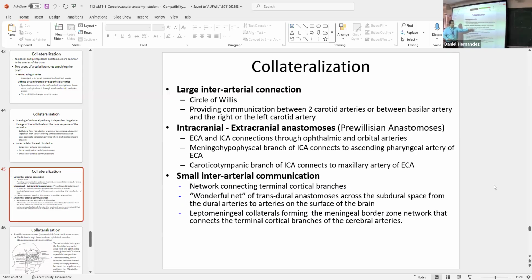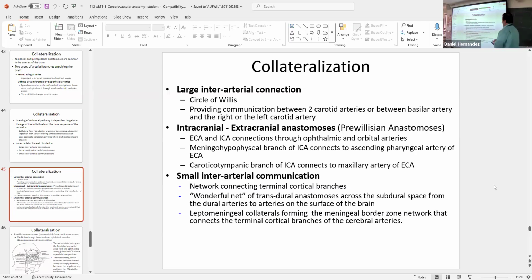The ophthalmic artery and orbital artery branches connect to branches of the ECA, and we'll get blood flow into the internal carotid artery. So we can definitely get blood flow into the ICA via branches of the ECA.